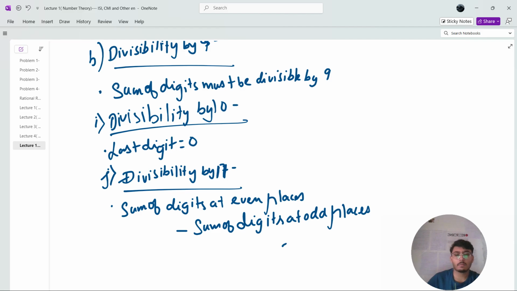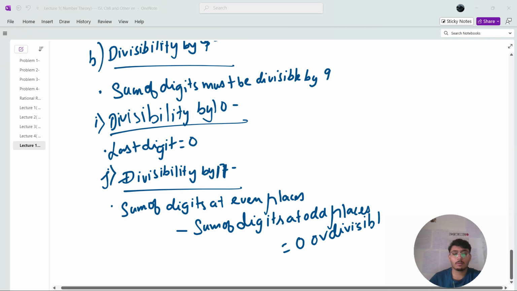If we get a number, now this should be either 0 or divisible by 11.